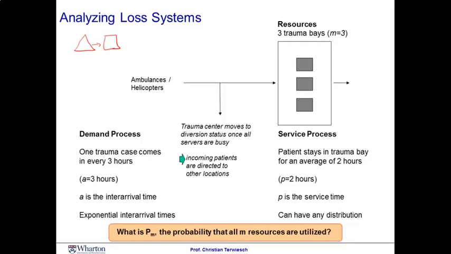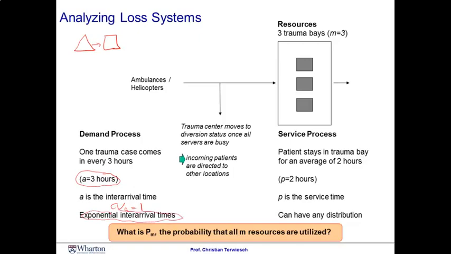Now let's analyze the situation. As before, we have a random demand process. Say, for sake of argument, a patient comes in every 3 hours. We will impose in this session that the CVA is equal to 1 and that we're dealing with exponential inter-arrival times.